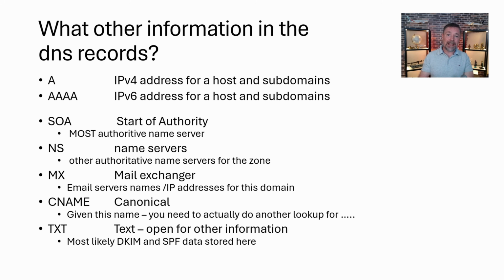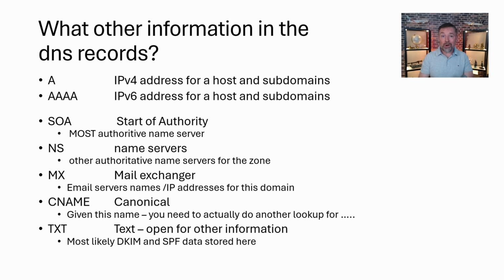What it's saying is if you see a request for this name, here's where you actually want to go. And a very common one of those is www.whatever domain. We don't normally type in the www anymore, but it is a subdomain of a domain. So if somebody goes ahead and types it in, we can redirect them to just that domain. So if somebody typed in www.cyberirishman.com, then they will be redirected to cyberirishman.com.